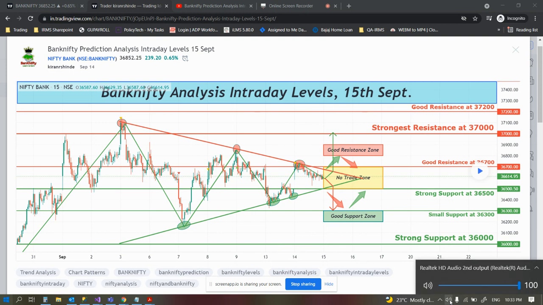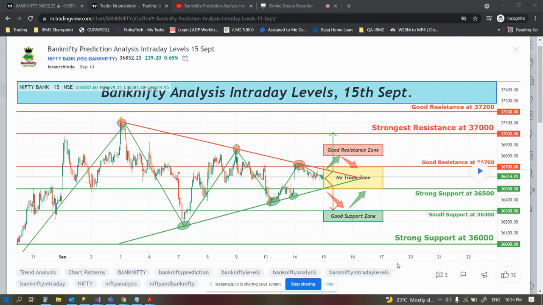Before we start with the post-market analysis, let me suggest something. Tomorrow being the weekly expiry, just try to avoid trading for tomorrow's expiry. Rather than that, trade for next week's expiry to be on the safer side.